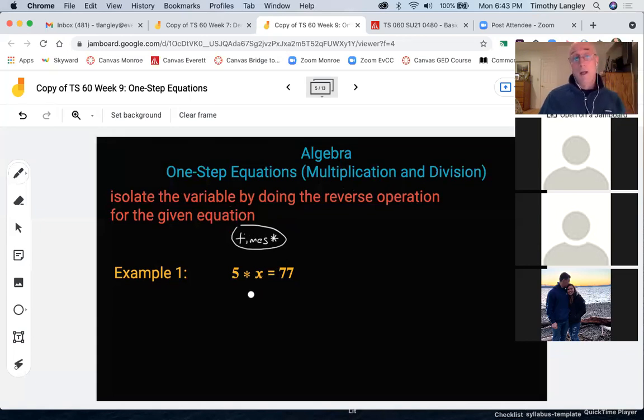All right. Now, the operation, I said to do the reverse operation, okay? The operation going on the left side of the equation here is multiplication, okay? What's the opposite of multiplication? Division, okay?